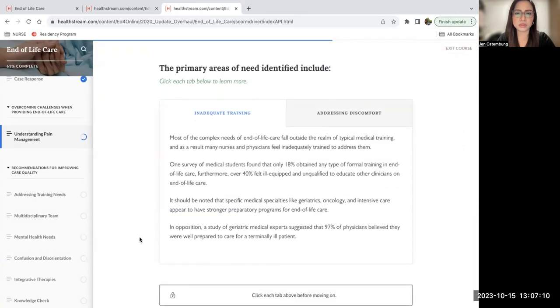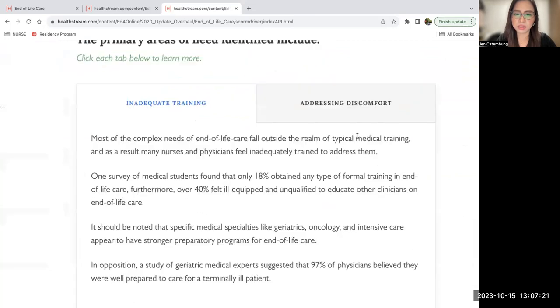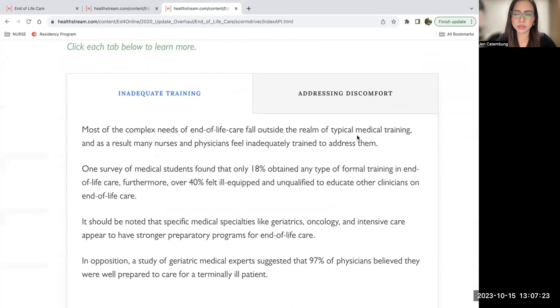The primary areas of need identified include inadequate training and addressing discomfort. Most of the complex needs of end of life care fall outside the realm of typical medical training, and as a result, many nurses and physicians may feel inadequately trained to address them. One survey of medical students found that only 18% obtained any type of formal training in end of life care.